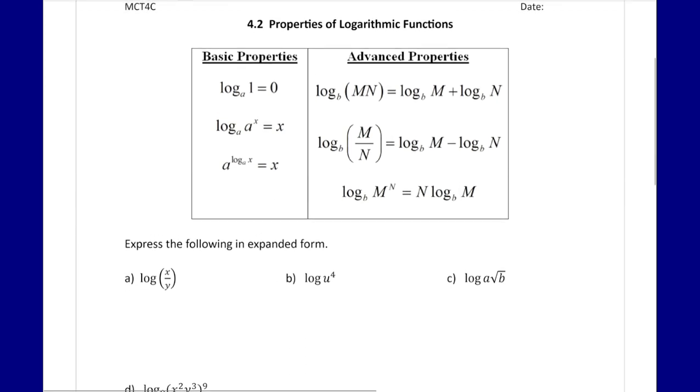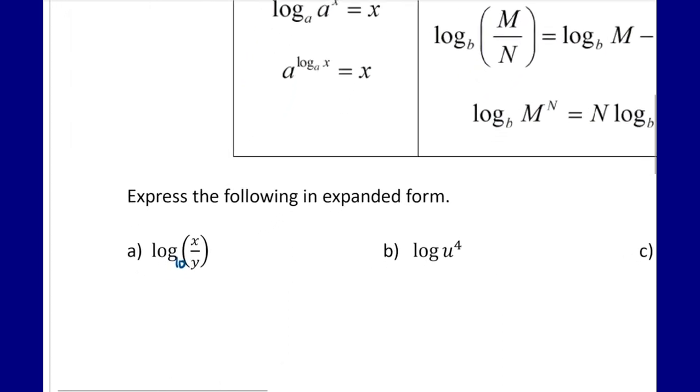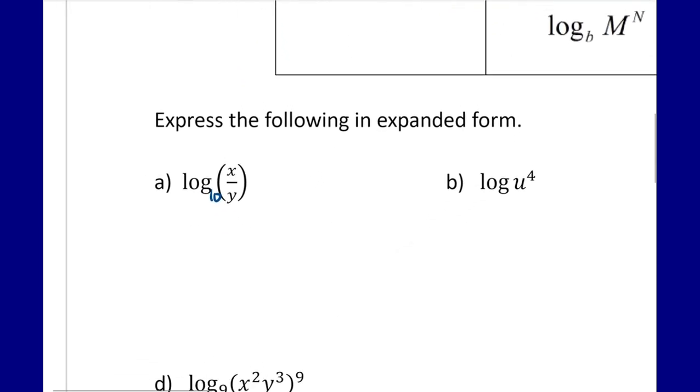So if we have log of x over y, we don't see a base, so we can assume there's a 10. In this case, log base 10 of x over y can be rewritten as log base 10 of x minus log base 10 of y.